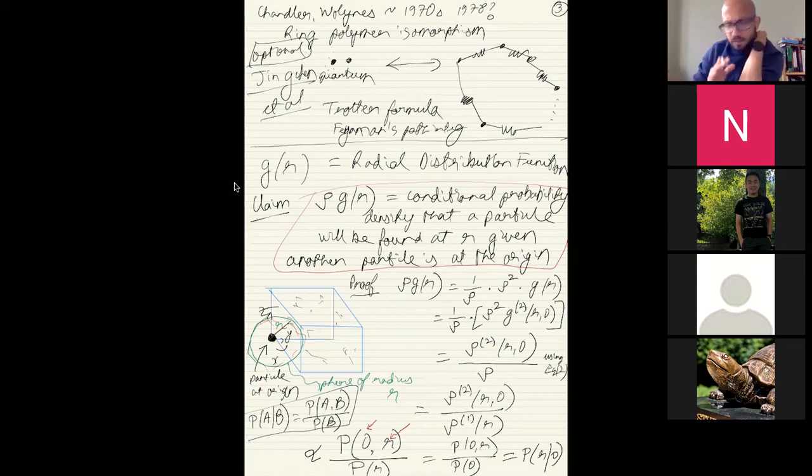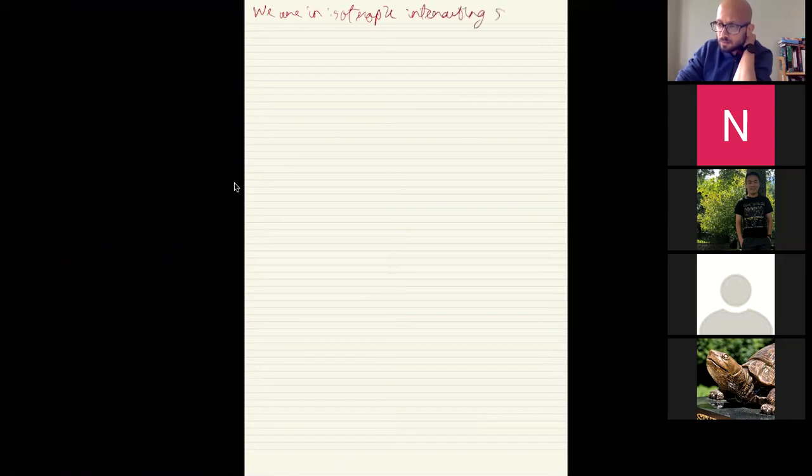Okay. So Nathan, this is confusing because even though we have moved to isotropic systems, it doesn't mean we have gotten rid of interactions. We are in isotropic interacting systems land. So molecules are talking to each other. It's just that they are isotropic. We are not going to worry about direction.